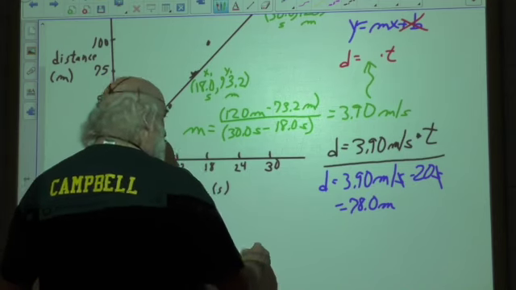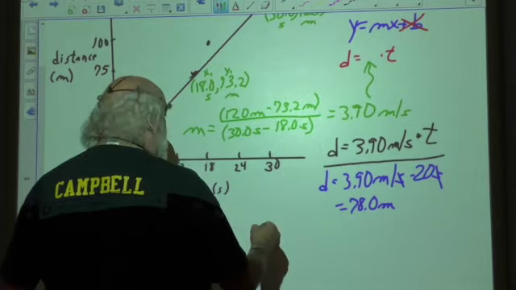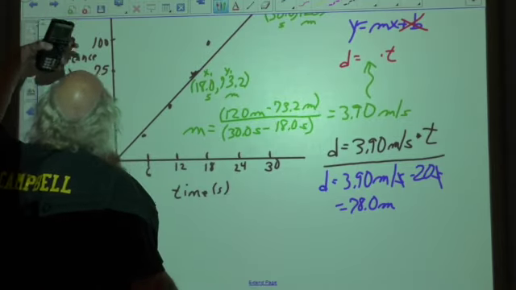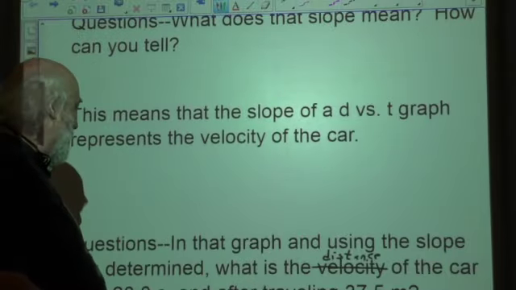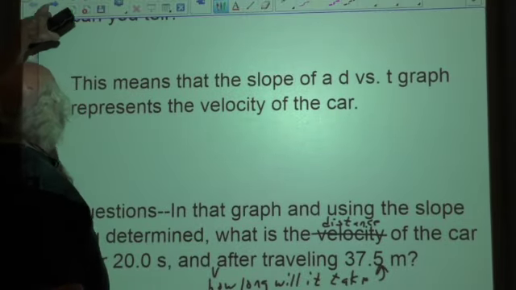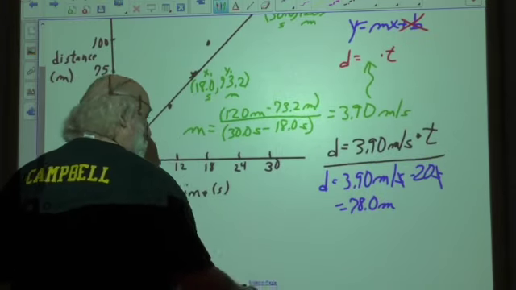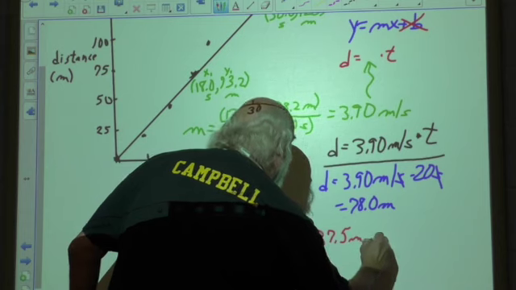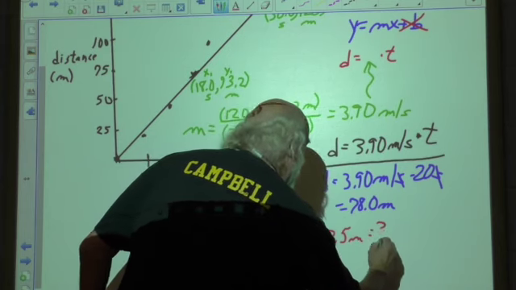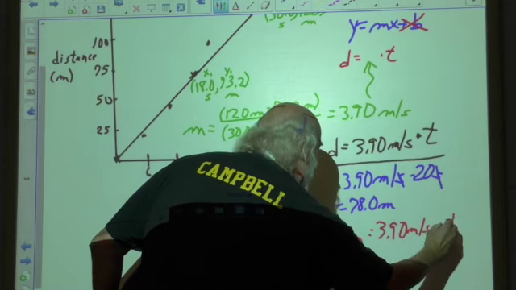The formula is D equals, but we know the D here is 37.5 meters. So 37.5 meters is equal to 3.90 meters per second times time.